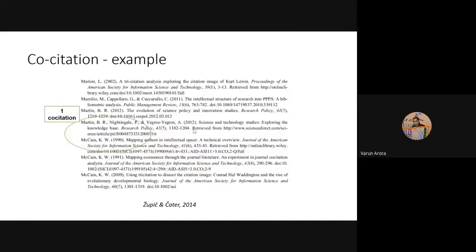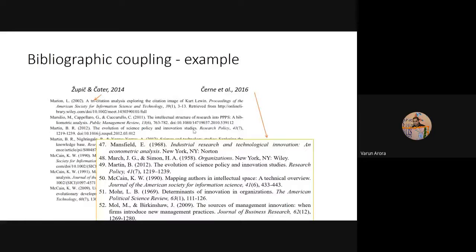And this is an example of bibliographic coupling: these are reference lists from Zupic and Čater, and reference lists from 2016, and they overlap to some extent, right? So articles cited in one are the same as in the other. That means these two articles are to some extent connected.